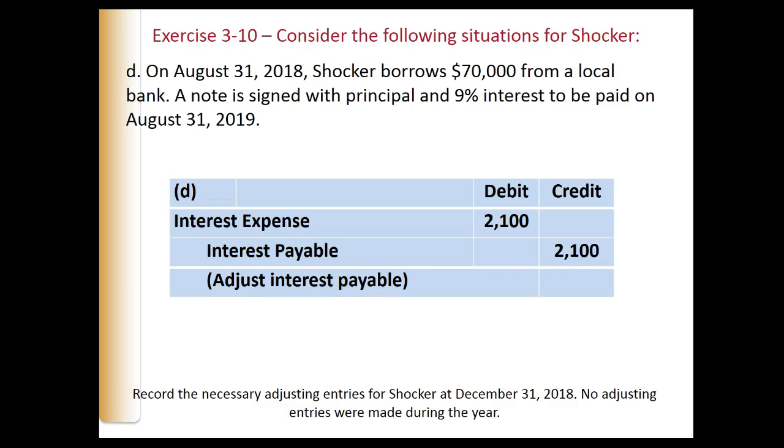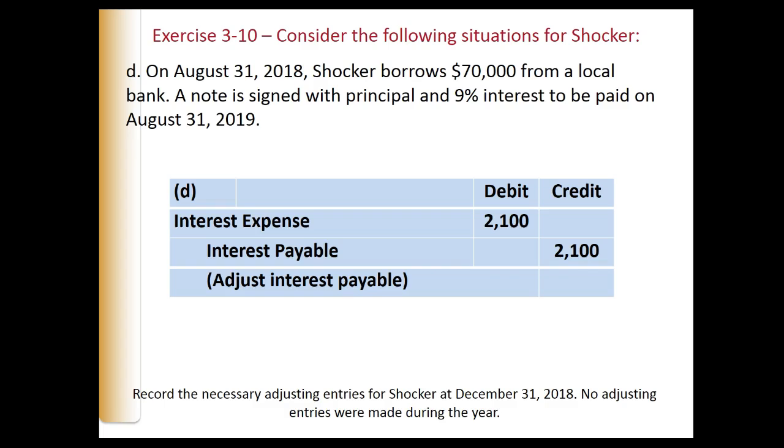We have to accrue interest, or report, I should say, the interest expense on the note for September, October, November, and December. So $70,000 at 9% would be $6,300. We are going to take 4/12 of that amount, or 1/3 of 6,300, which is 2,100.